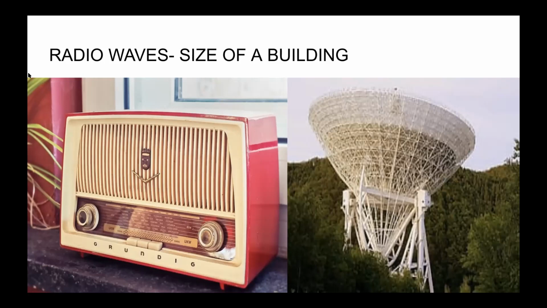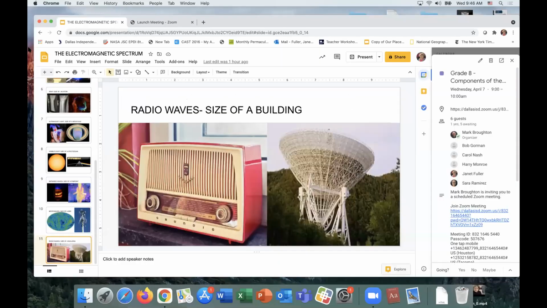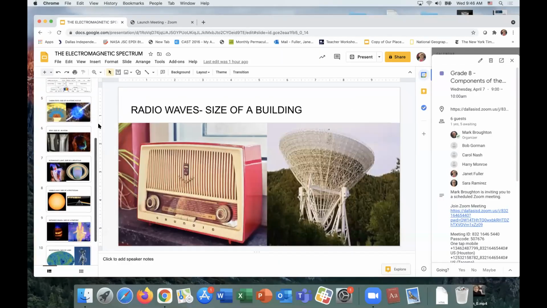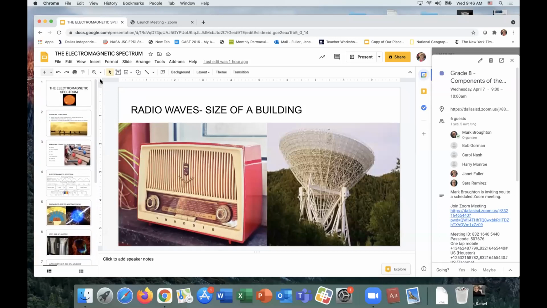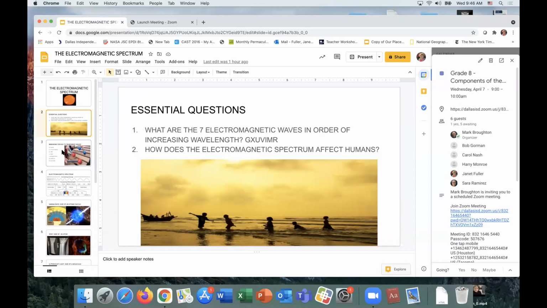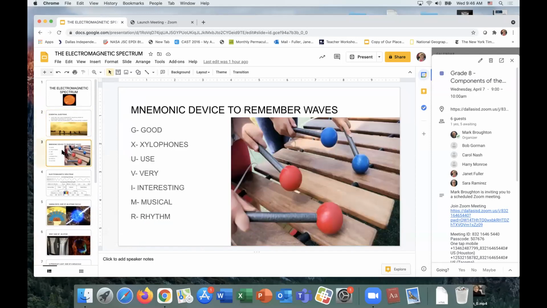So let me go ahead and get out of this. And we're going to go back on up and look at our mnemonic device again, which is right here. Good xylophones use very interesting musical rhythm.